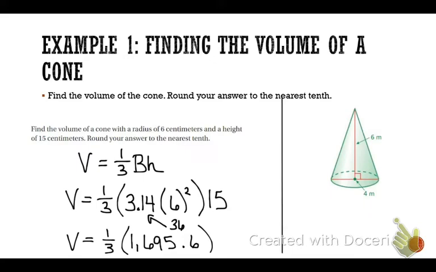So I take 1695.6 and divide it by 3. My question said to round my answer to the nearest tenth, but do I even need to do that? No, because it gave me an answer to the tenth. Volume equals 565.2, but now I must label centimeters cubed.